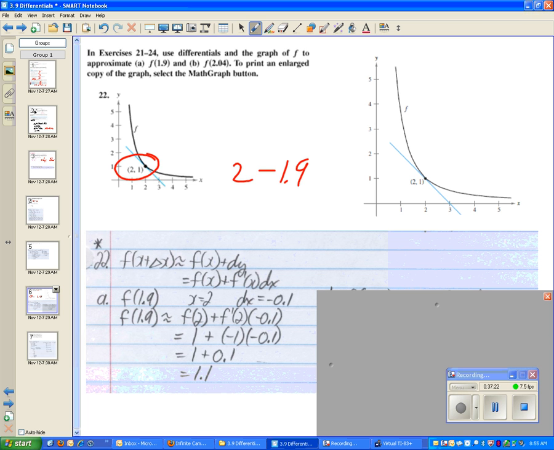Approximate minus real. We're starting with 1.9 because that's what they want us to use, minus the other one. And it's kind of a plug and chug from there. F of x, if x is 2, is f of 2. F prime of x, if x is 2, is f prime of 2. Dx is negative 0.1.